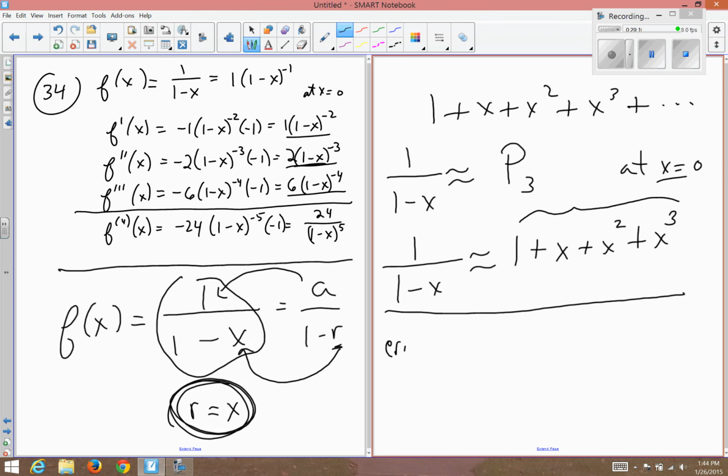The error is less than or equal to the maximum value of the absolute value.